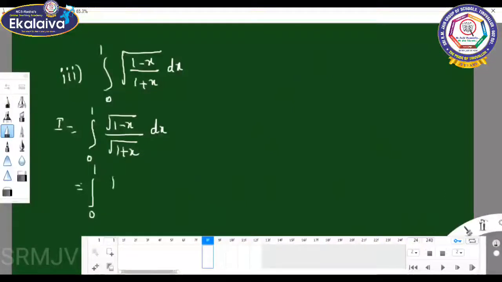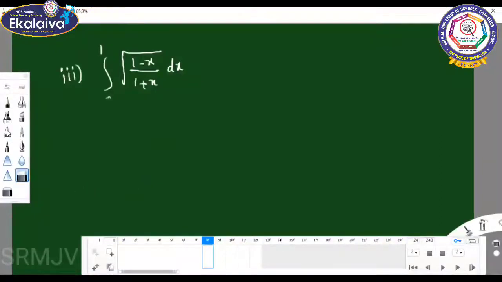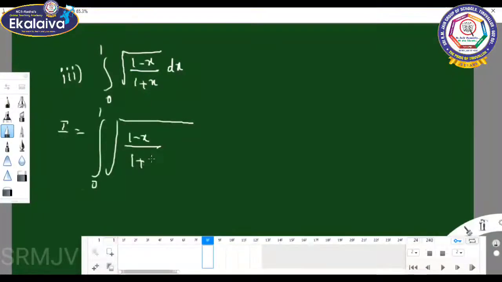Otherwise, in the roots itself you can multiply the value. It is easy for you. I equals, you can take the conjugate, integral 0 to 1 root of 1 minus x by 1 plus x into 1 minus x by 1 minus x.